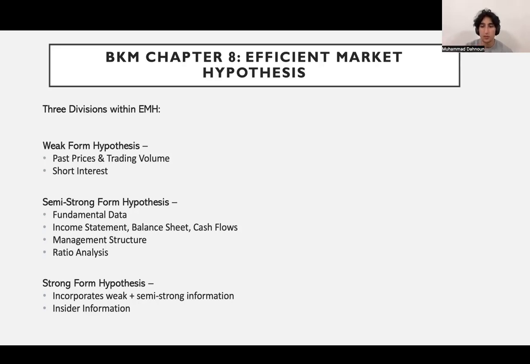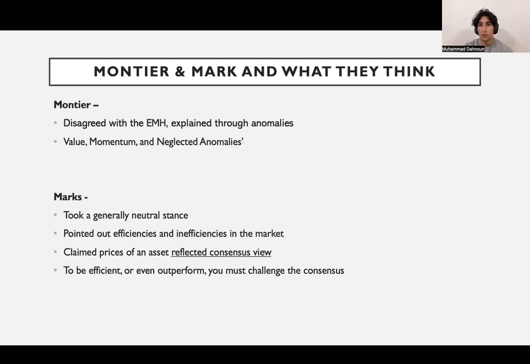Okay, and then we talk about Montier and Marks and what they think about the efficient market hypothesis. So beginning with Montier, he generally disagreed with the efficient market hypothesis, and he explained that through three anomalies that he focused on, beginning with value, and then momentum, and then neglected anomalies.